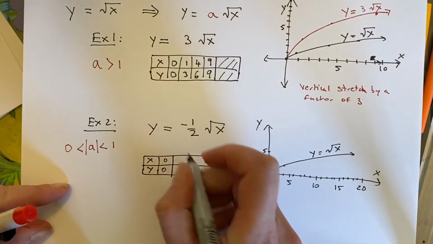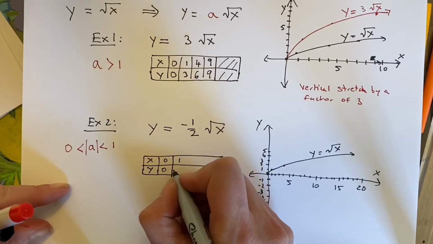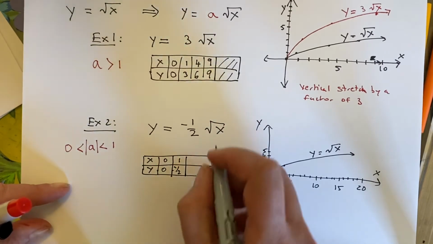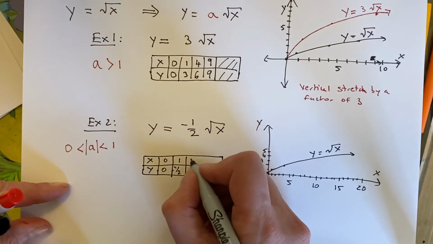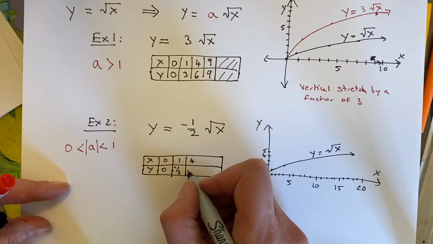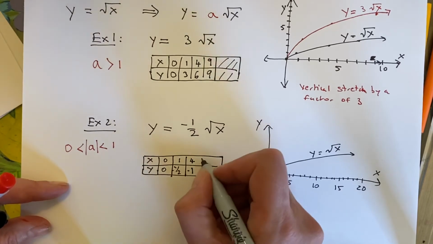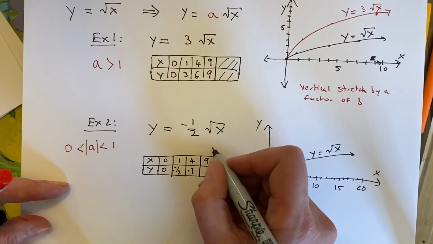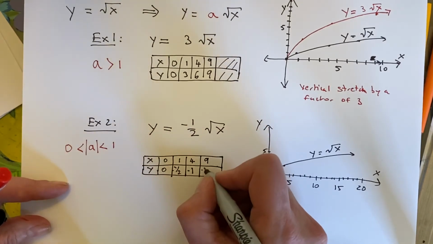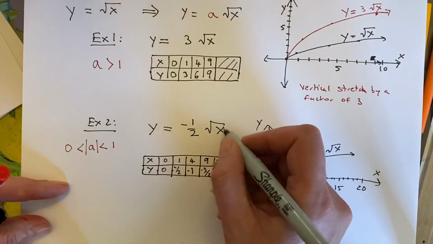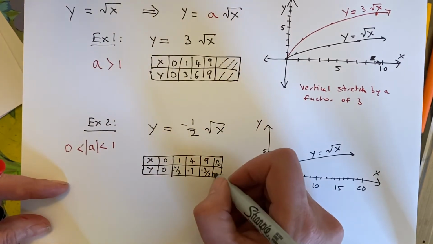That does not change. X is 1, y is -1/2. I'm going to jump to 4 because it's just easier that way. Square root of 4 is 2. 2 times -1/2 makes -1. And if I jump to 9, square root of 9 is 3 times -1/2 is -3/2. And last, I'm going to try 16. Square root of 16 is 4 times -1/2 is -2.